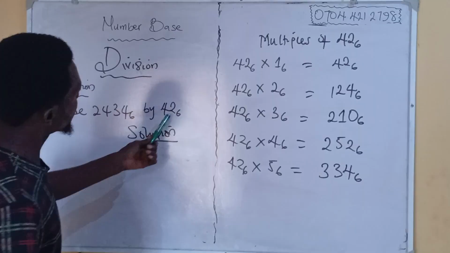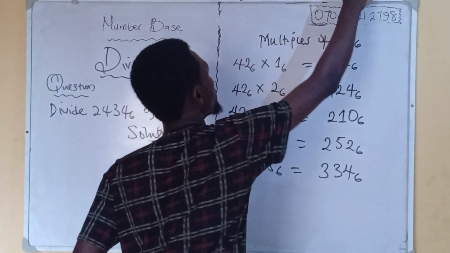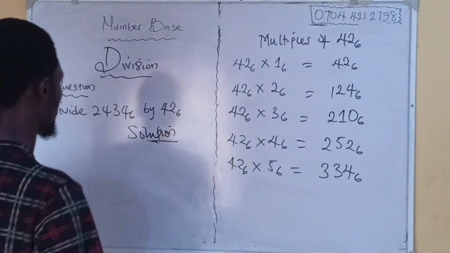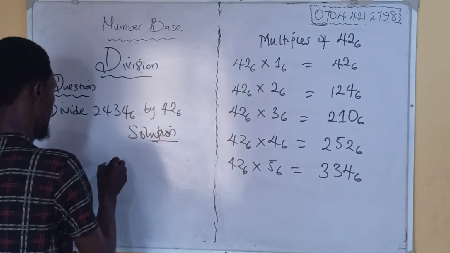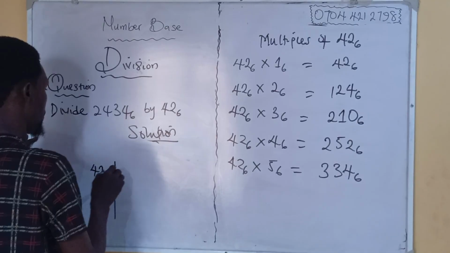After knowing the multiples of this divisor, you can now proceed to dividing. So you now have this 42.